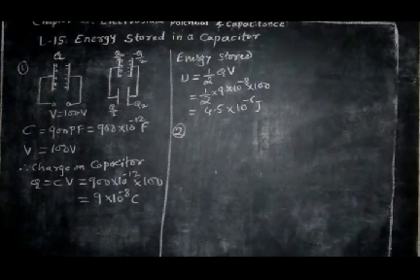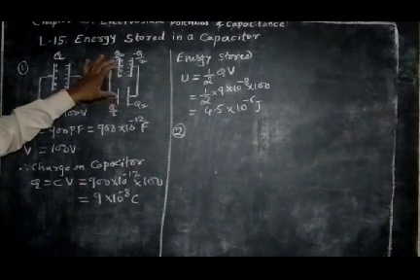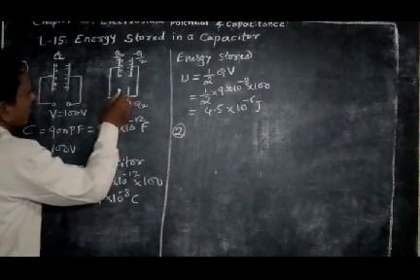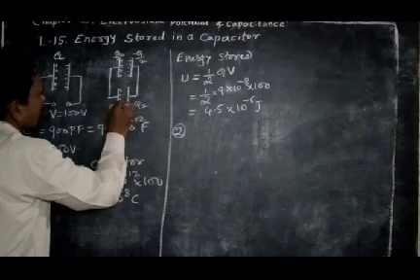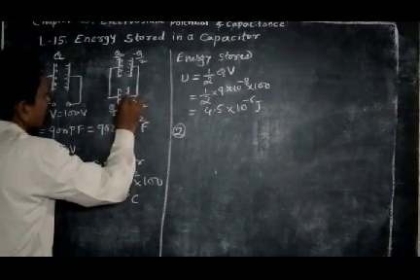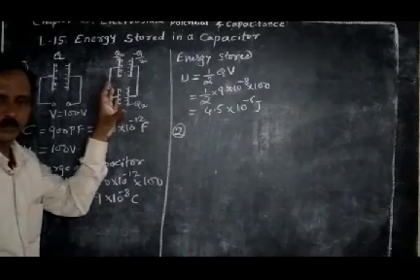Let Q dash be the new charge acquired by the plates of the system of capacitors. Now it is a system of two capacitors. Clear?